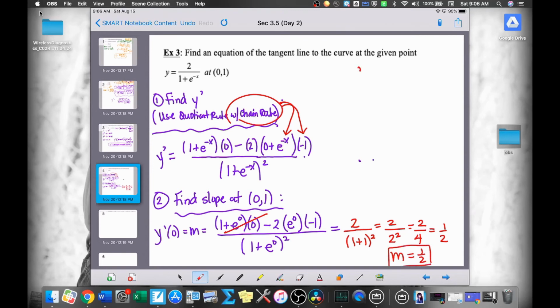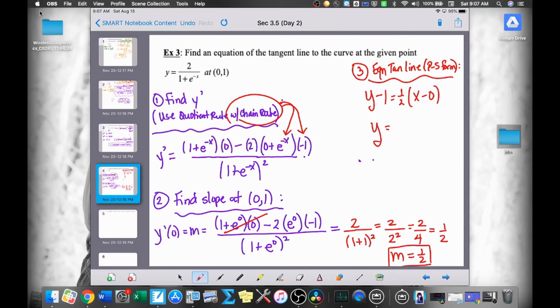So now finally, my third step in the process is going to be writing the equation of the tangent line using point-slope form. So I begin with y minus the y value of my ordered pair, which is 1, is equal to my slope, which is 1/2, times x minus the x value of my ordered pair, which is 0.